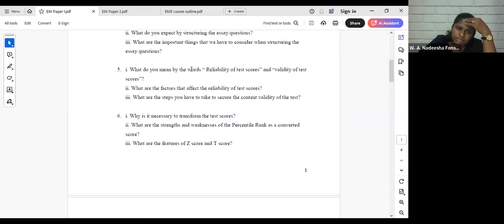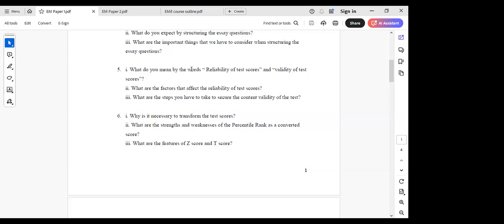Sixth one, why is it necessary to transform the test scores? Last day we discussed. Why is it necessary to transform the test scores? The answer is to compare the scores.